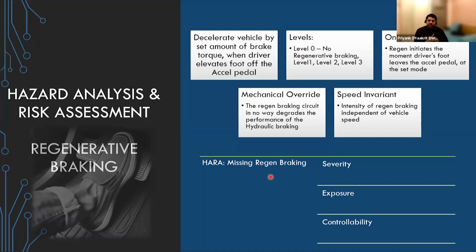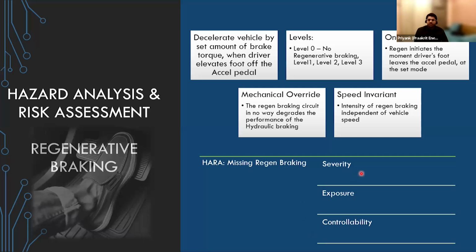I do that. And so if regen braking is not working, that's a pretty serious use case, because in that case, it's essentially like very low brake torque. And so given the hazard of missing regen braking, we estimate the three parameters of severity, exposure, and controllability.